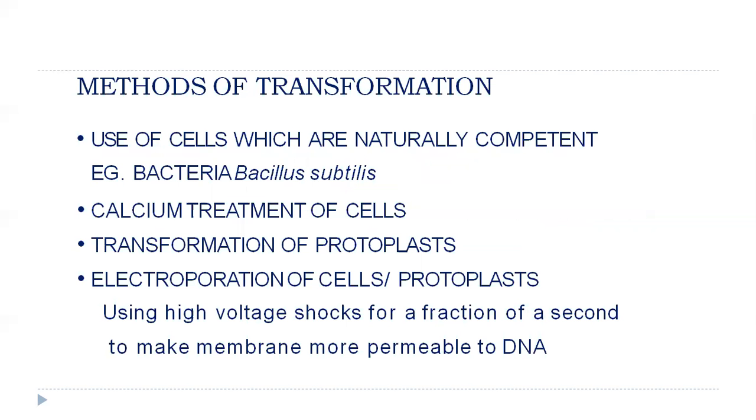Regarding methods of transformation, naturally competent cells are used, for example the bacterium Bacillus subtilis, and there are several methods of transferring DNA material into bacterial cells: calcium treatment of the cell, transformation of the protoplast, and electroporation of the cells or protoplast, which is nothing but using a high voltage shock. The very popular and common type is the calcium treatment of the cell.